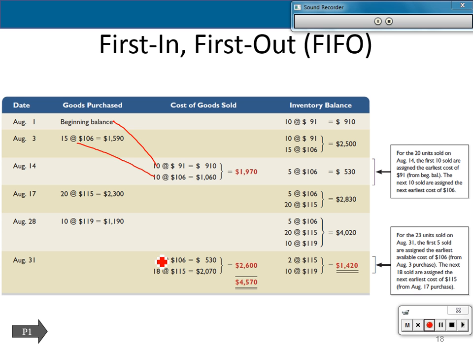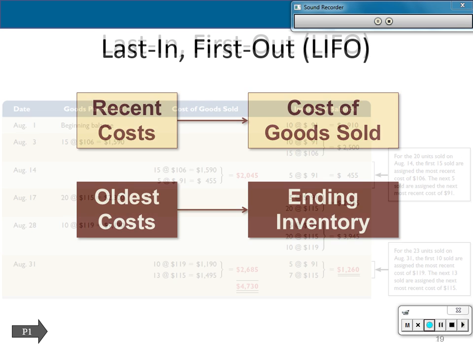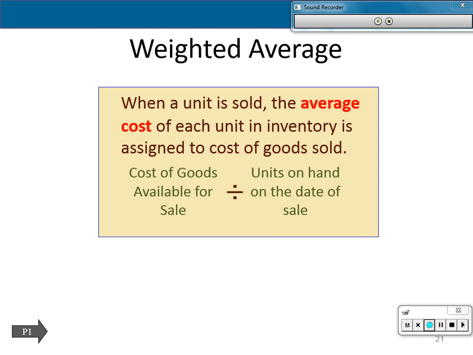Weighted average. Write this down: cost of goods available for sale divided by units on hand on the date of sale.